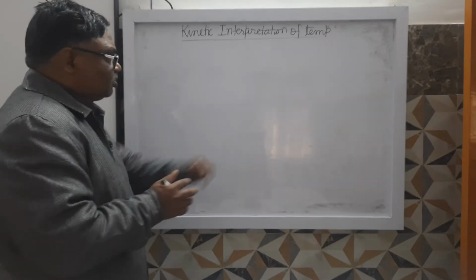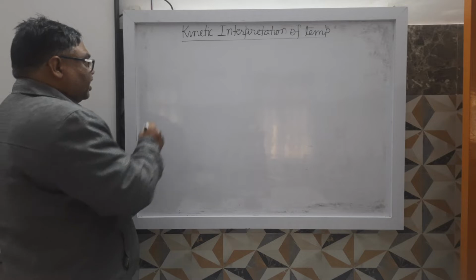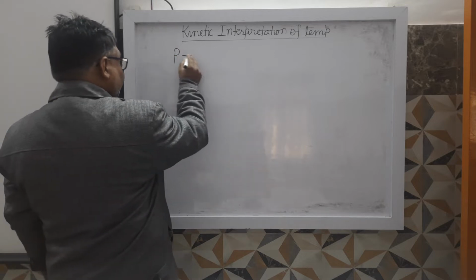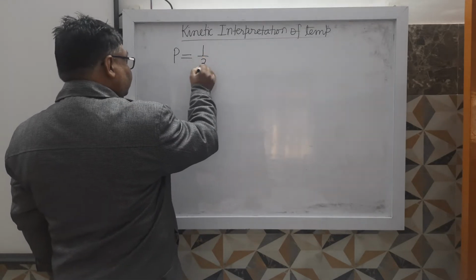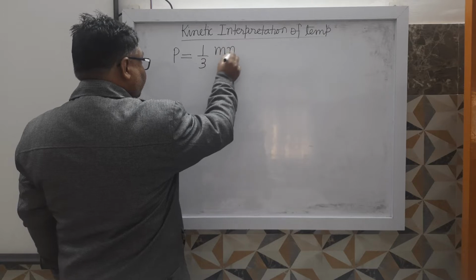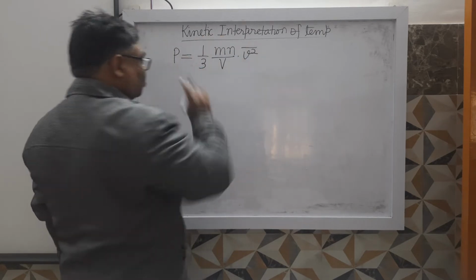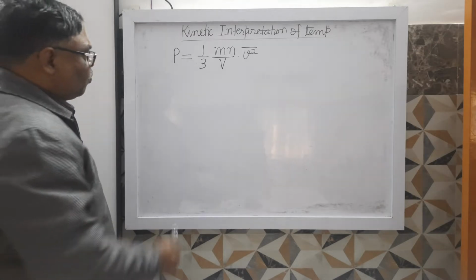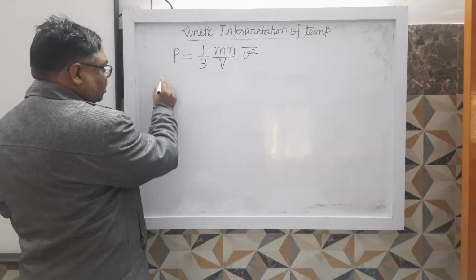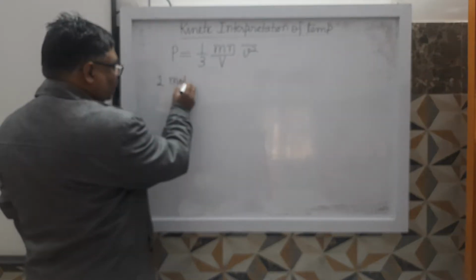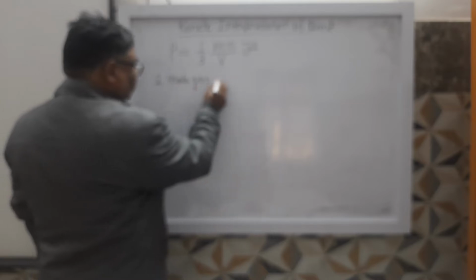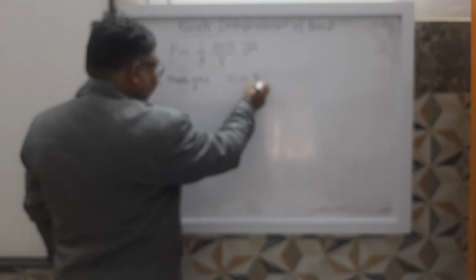It is clear? So see here, for an ideal gas, we know the formula of the pressure, 1/3 mn upon capital V into V square bar, that you know. If we take 1 mole gas, as you know, in 1 mole gas how many molecules are there?